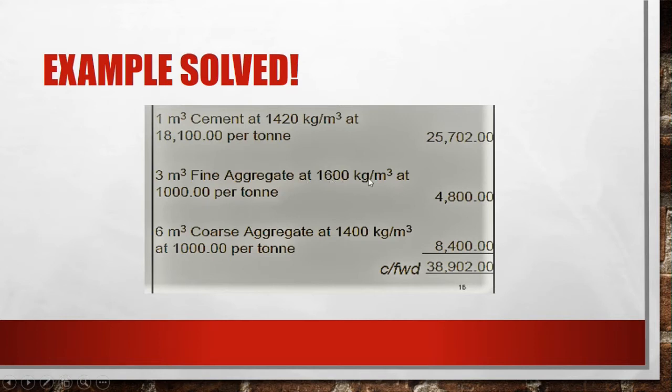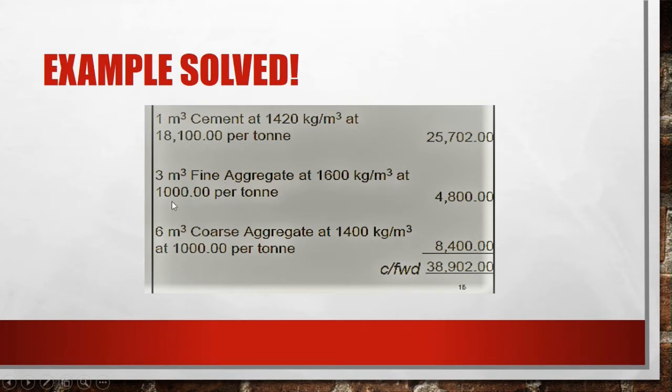So the total mass in 3 meter cube is 3 divided by 1 meter cube, multiplied by 1.6 tons, which is 4.8 tons.